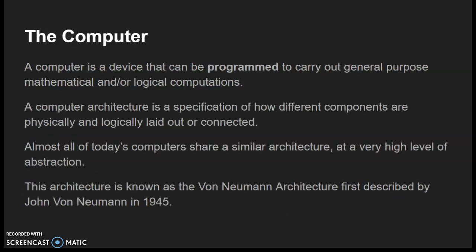So, the computer is a device that can be programmed to carry out general purpose mathematical and/or logical computations. Going back to chapter 5, it talked about your general purpose machines and your specific purpose machines.